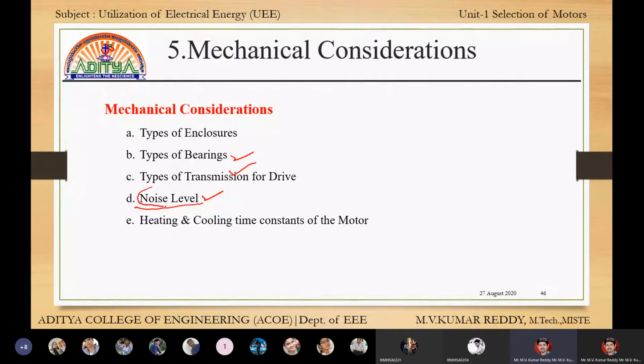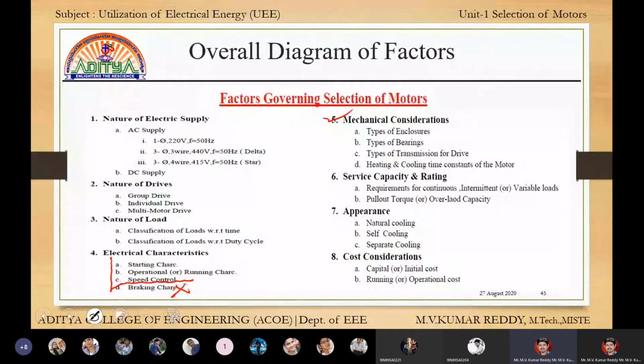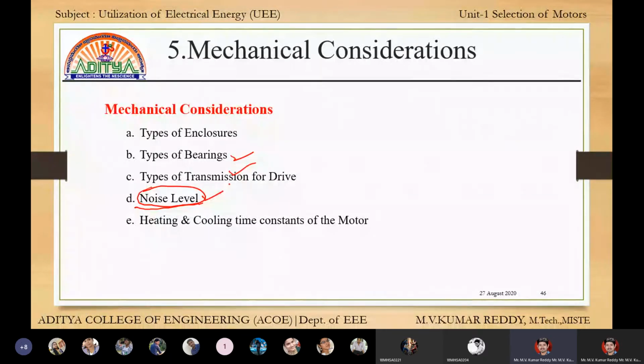This is a small topic, noise level. See, in the previous slide, in mechanical considerations only four were there, but here we added one extra consideration, that is noise level. Small topic. And next one is heating and cooling time constant.